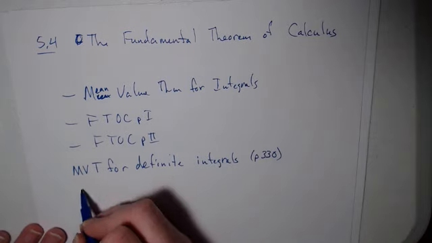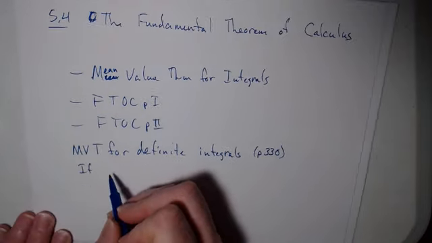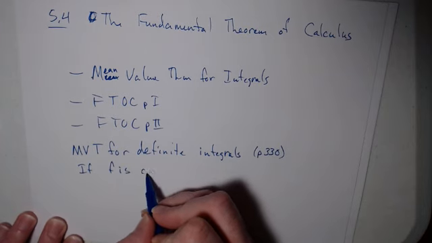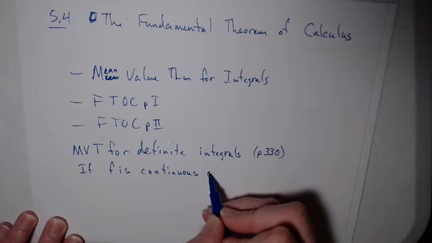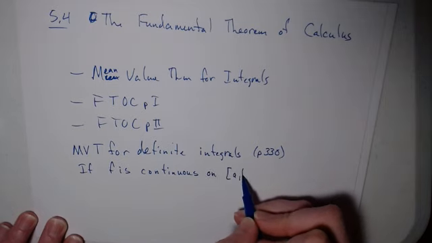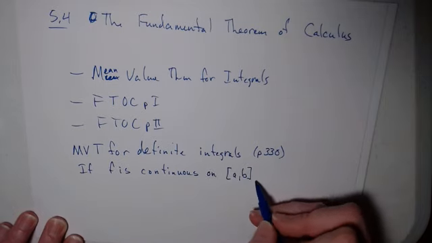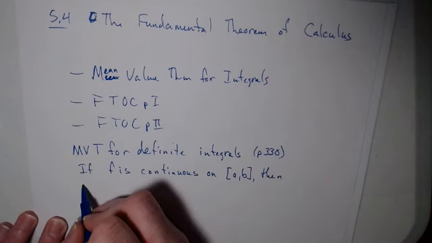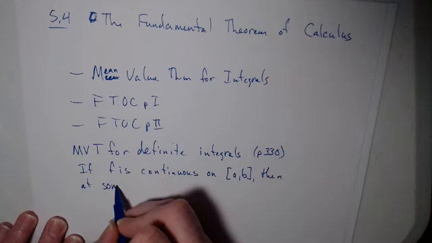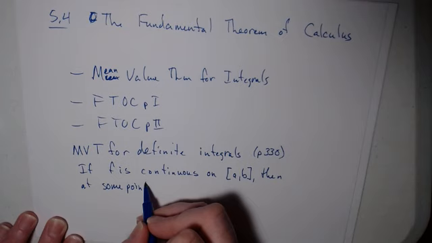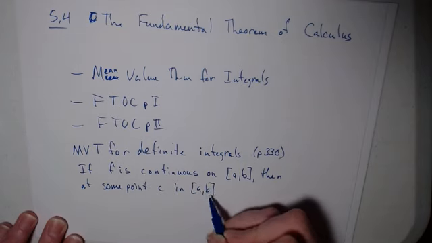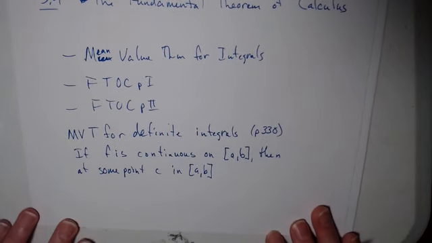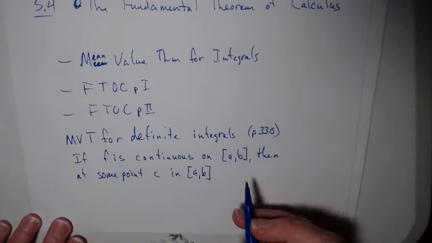If f is continuous on the interval [a,b], then at some point c in [a,b], does it ever bother you that we stick c in between a and b all the time in these?